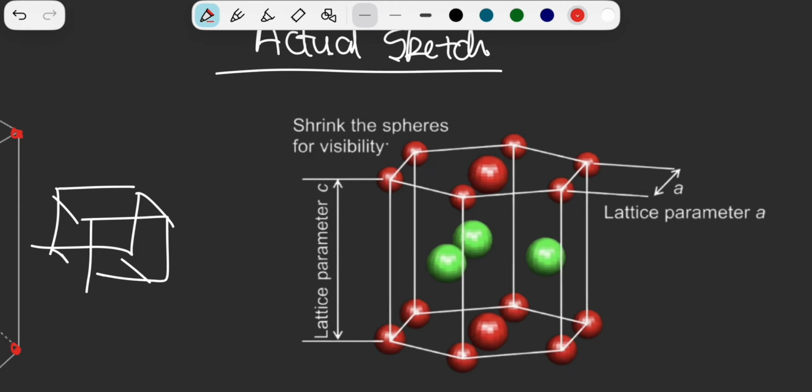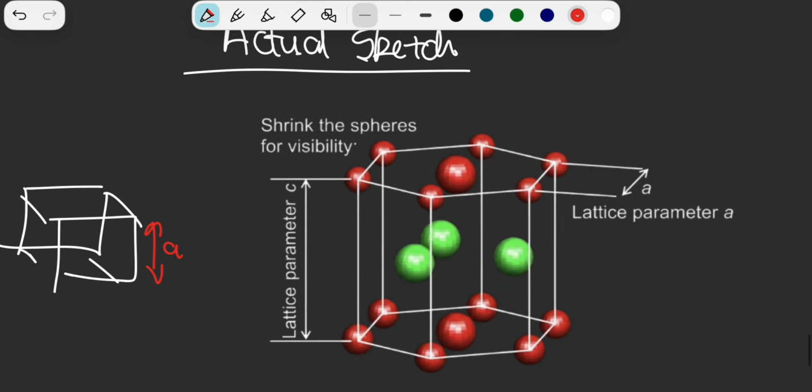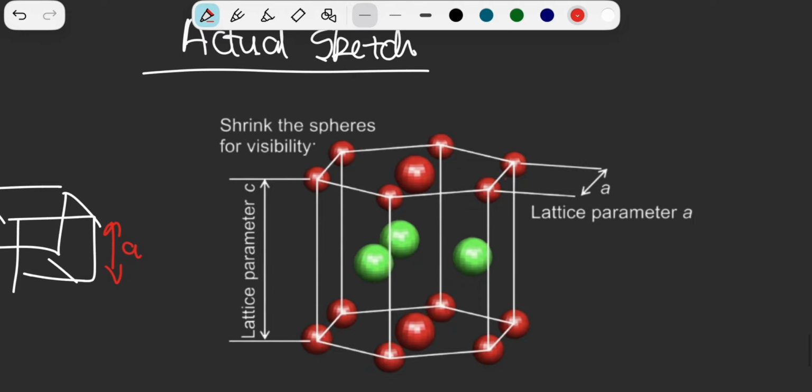Similar to before, we're going to define lattice parameters as always. Lattice parameters are basically the dimensions of the unit cell that you have. For our cube, this was basically A, which was a bit straightforward. But for the hexagon, the side of one of these hexagons is going to be the lattice parameter A. Remember, a lattice parameter is just a way of describing the lattice.